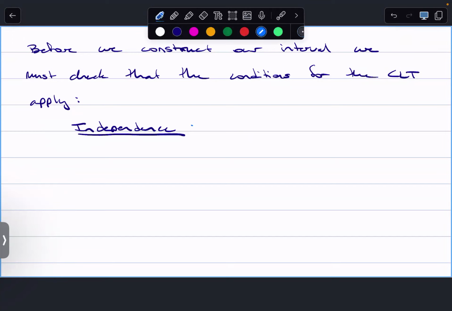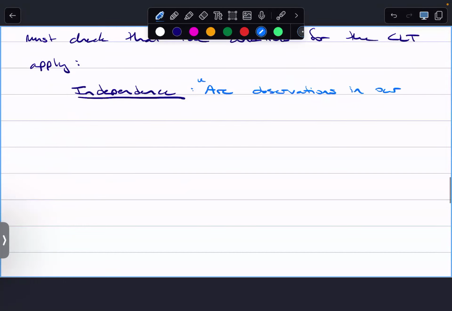So here, what we're asking is, are observations in our sample independent of each other? That's the condition that we need to check.